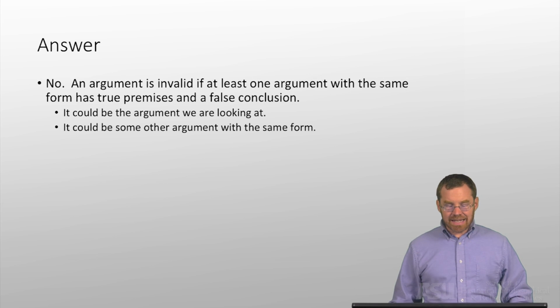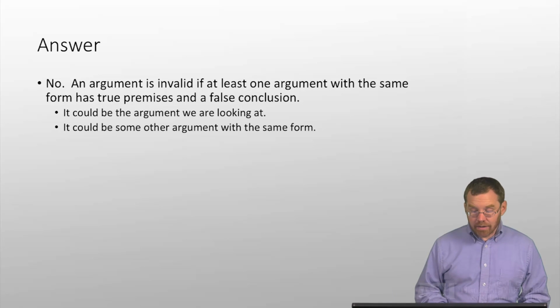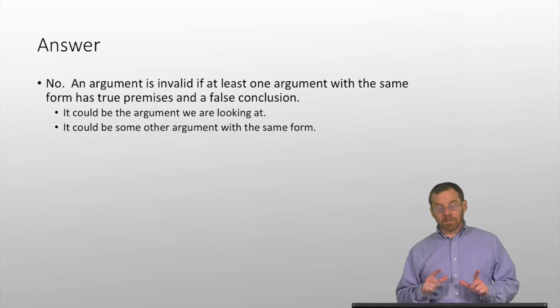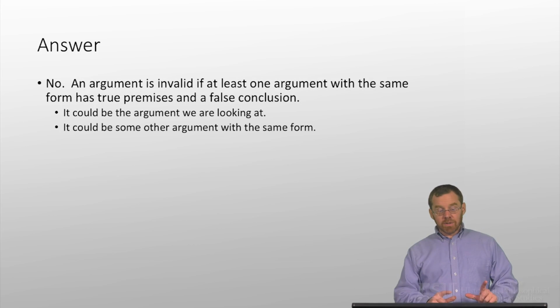An argument is invalid if at least one argument with the same form has true premises and a false conclusion, but not necessarily the argument itself. Okay? If an argument is invalid, that means that at least one argument with the same form has true premises and a false conclusion.